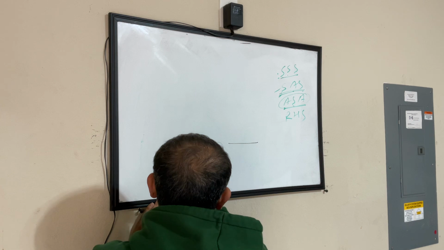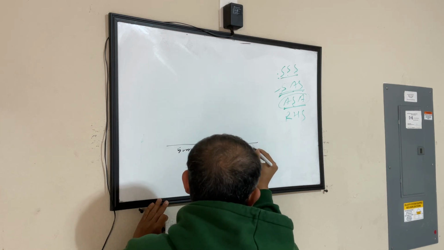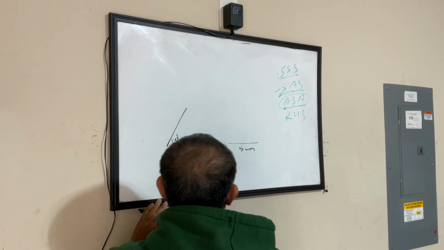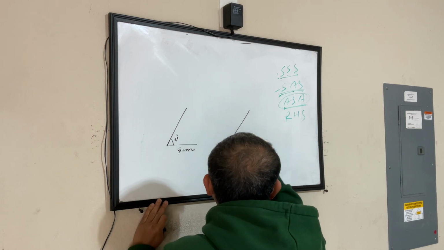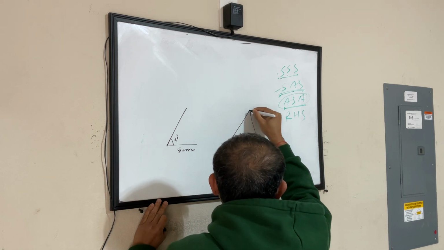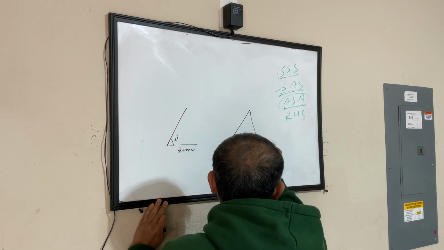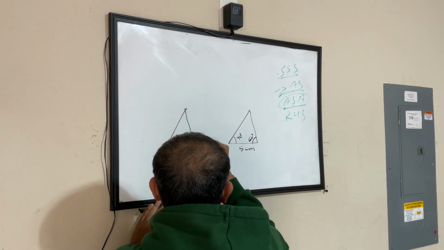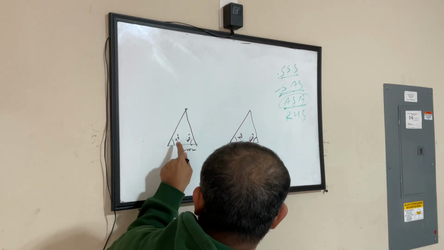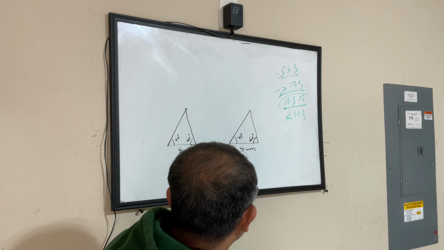Let's say this is 5 centimeter and this is also 5 centimeter, and this angle is 40 degree. This angle is 40 degree. This angle is, let's say, 60 degree. So this angle is also 60 degree. So we know that these two angles are matching and the side between them is matching.